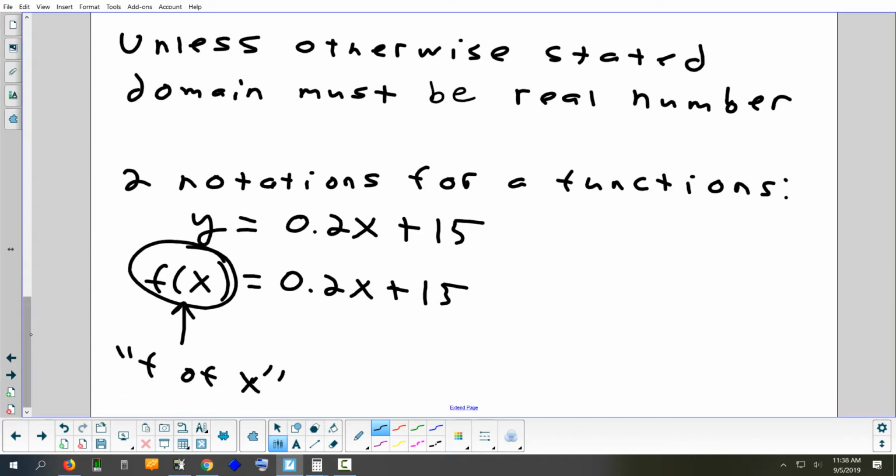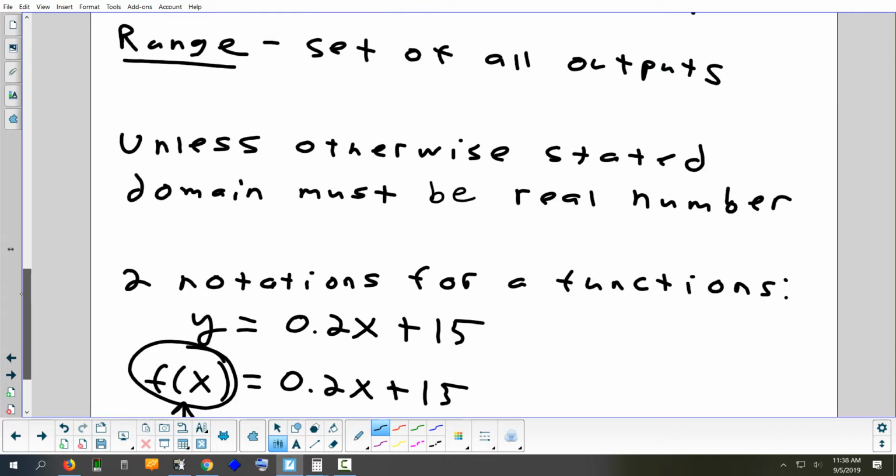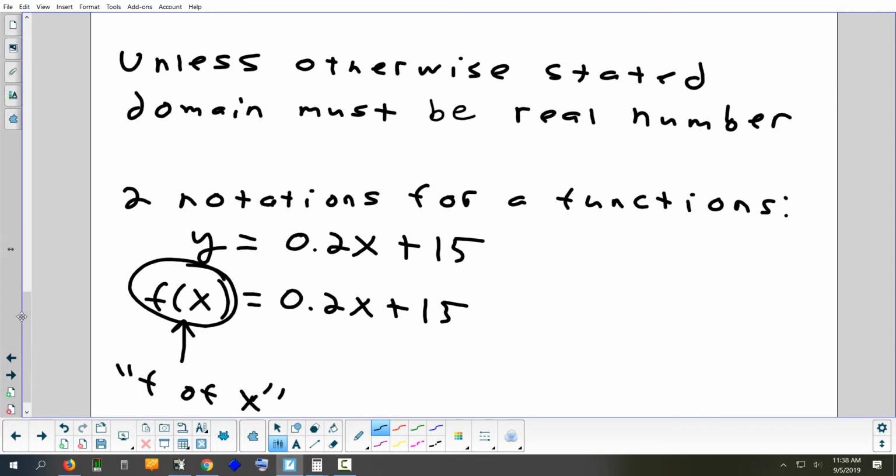You could have also done f of x equals. Okay, same thing. Just 2 different ways to write down a function. On the calculator, you got to use y equals. That's how it does it. Any questions on that?